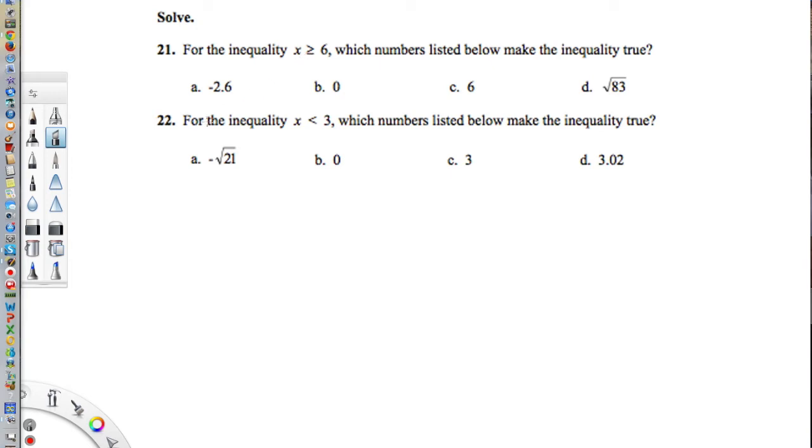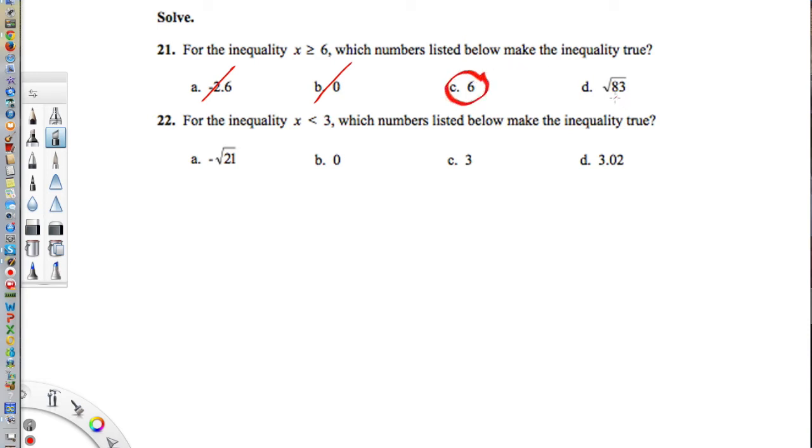Well, is negative 2.6 greater than or equal to 6? No, that doesn't make any sense, so that's not any good. What we're doing is just replacing these values for x. Is 0 greater than or equal to 6? No, that doesn't make any sense. Is 6 greater than or equal? It's not greater, but it is equal to, so that works.